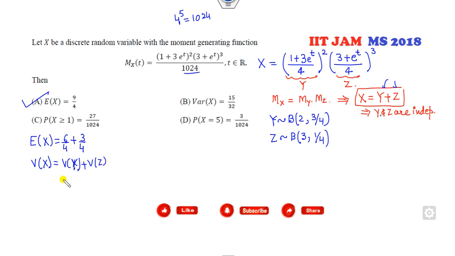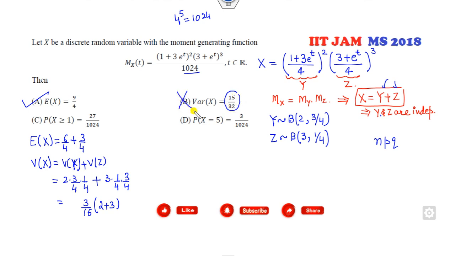What is the variance of the binomial distribution? It is npq. So 2 times 3 over 4 times 1 over 4 plus 3 times 1 over 4 times 3 over 4. You can see 3 over 16 is common. Inside is 2 plus 3. So 5 times 3 over 16, that is 15 over 16, but it's 32 in the option.